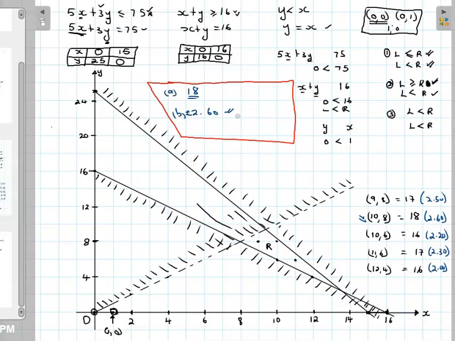So these solutions that we have, these numbers, we are saying it makes sense to buy 9 and 8, 10 and 8, 10 and 6, then 11, 6, 12, 4.